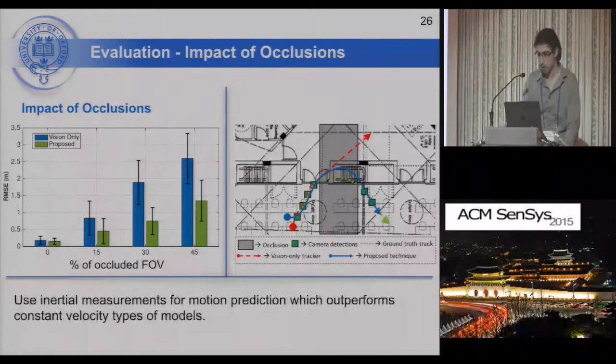When we don't have visual observations, the constant velocity model does not know what to do. It can only apply linear prediction, and it keeps the current path using the same heading and speed. In contrast, with the inertial measurements, our technique can keep track of the target and it can converge to the ground truth.